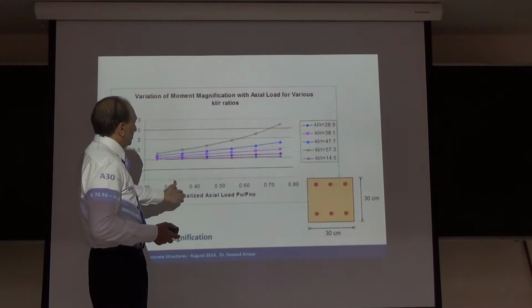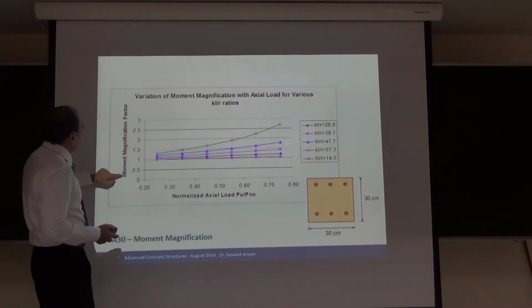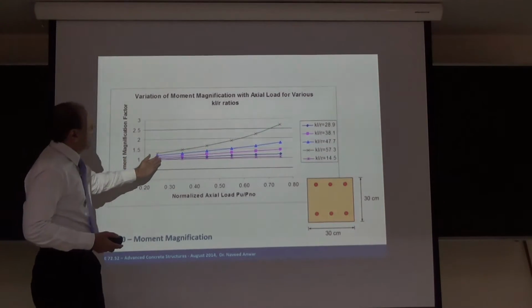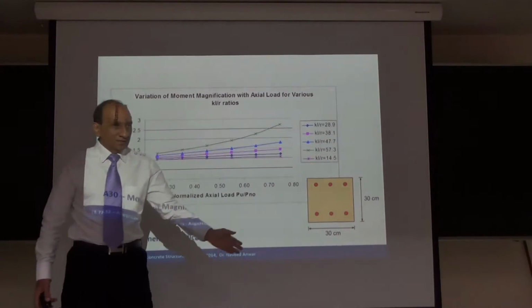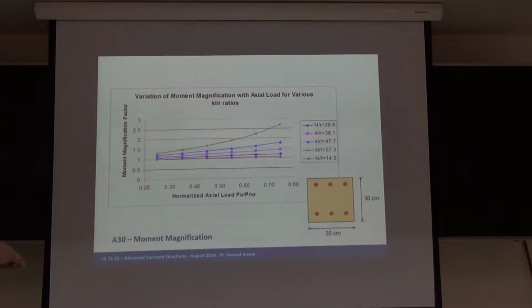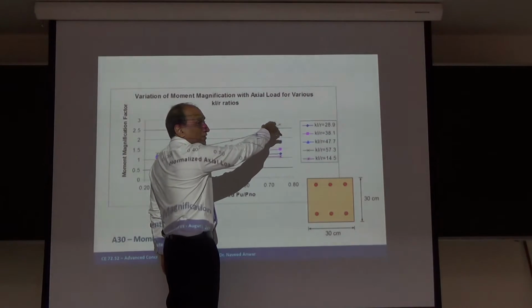So P versus Pu or P naught in that range, and then the moment magnification. And we found that the moment magnification ranges to a maximum of, as I mentioned, 2.5. So even in worst cases, when the column is very long and the load is very high, the moment magnification reaches about 2.5 and does not cross that.